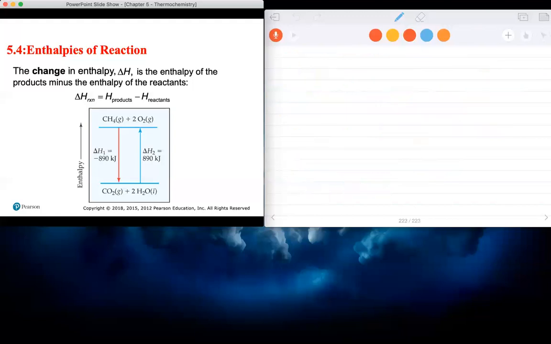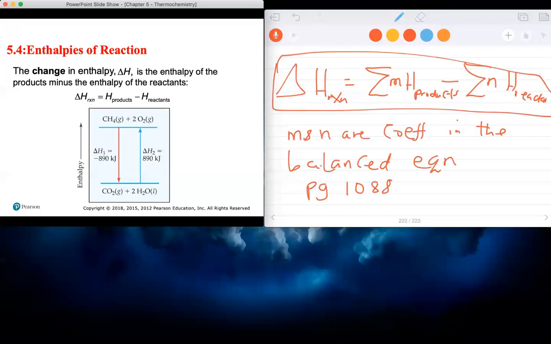This is the equation you need to remember, and this means summation. I know some of you may not remember this means summation. You add all of them. So I'll check for product, I'll check for reagent, and I add, and then I'll get the enthalpy of reaction. Enthalpy of reaction is given in kilojoules per mole.